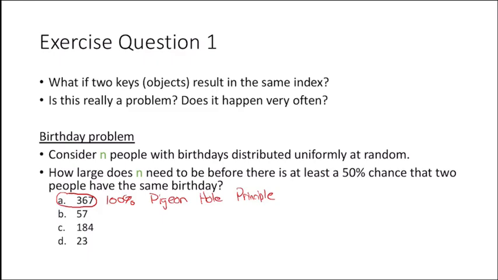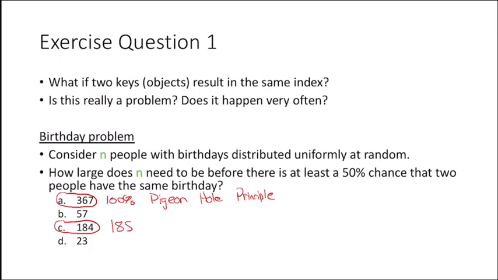We can also eliminate fairly easily 184. I say we can eliminate that very easily because just picture inserting, that's about half of 365. Let's say you're inserting the 185th person.